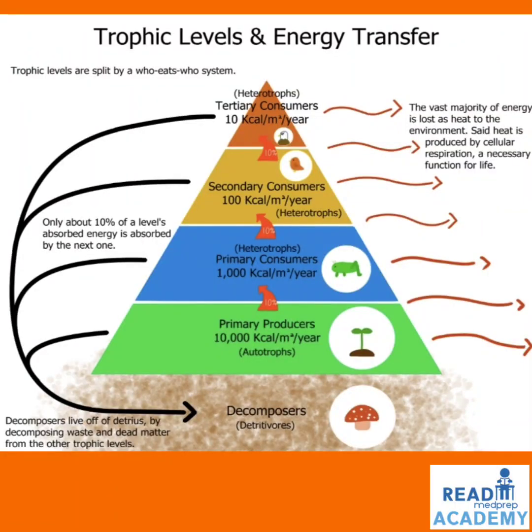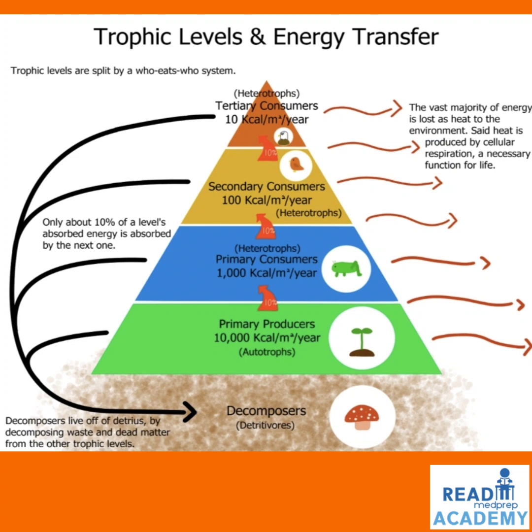Here in this image you can see the trophic levels and energy transfer. Normally, decomposers live off detritus by decomposing the waste and dead matter from the other trophic levels. These decomposers are also called detritivores. The first stage, the primary producers in the pyramid, are autotrophs.